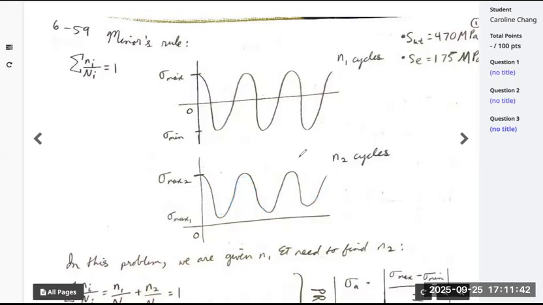The first one is n1 cycles, and the second one is n2 cycles. In this problem, we are given n1 and we need to find n2. So Miner's rule for this particular problem, the sum of n_i over N_i equals 1. So we will use that.